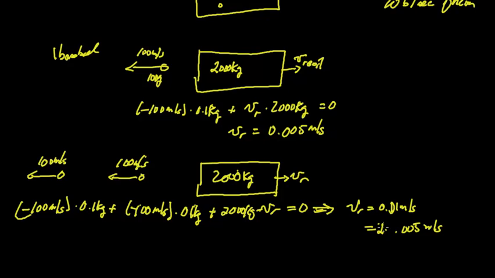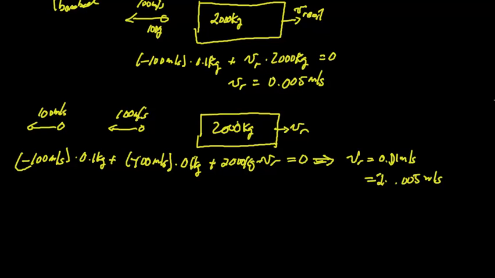So one baseball gives us a certain amount of momentum, and if I'm not changing the mass of the craft, it'll be a certain speed. Then 2 will give me twice the momentum, 3 will be 3 times the momentum, and so forth. So with 10 baseballs, that's going to give me a recoil speed of 0.05 meters per second.